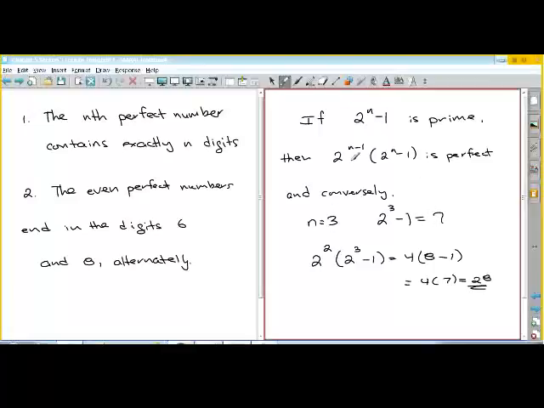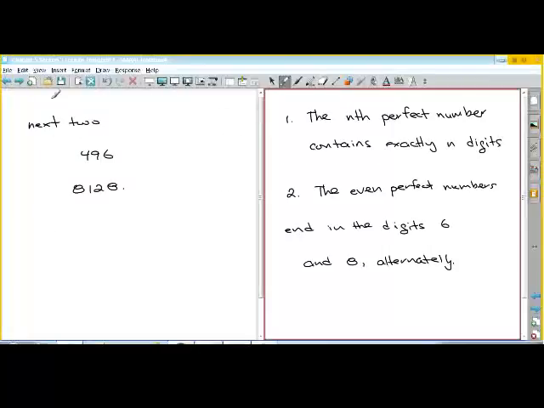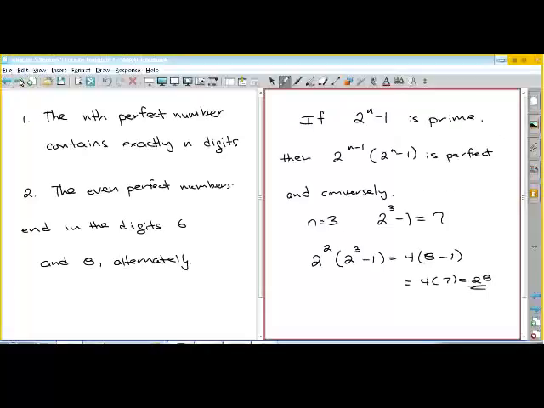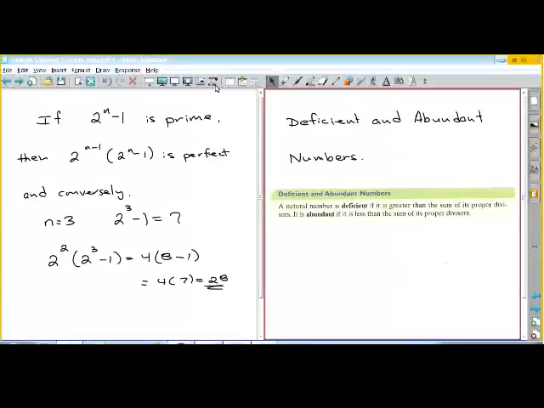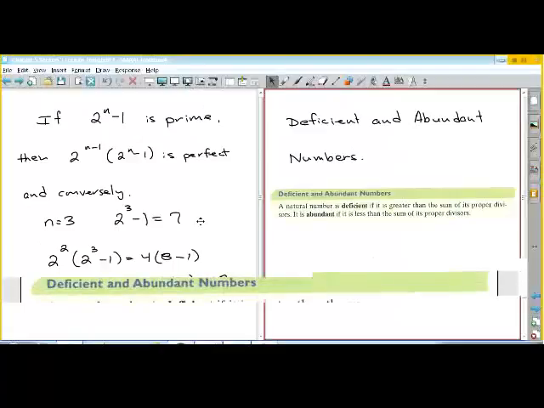So that worked. So for n equals 3, this number was prime, and therefore the number in the second formula is a perfect number. The next perfect number, which was 496, I'm not sure what value of n you need for that to happen.